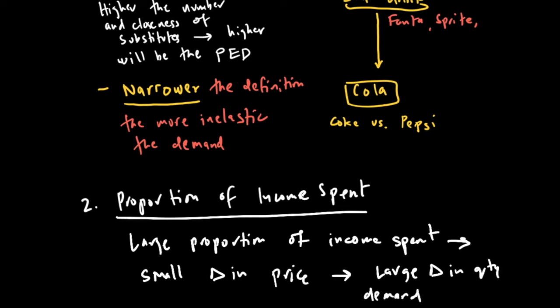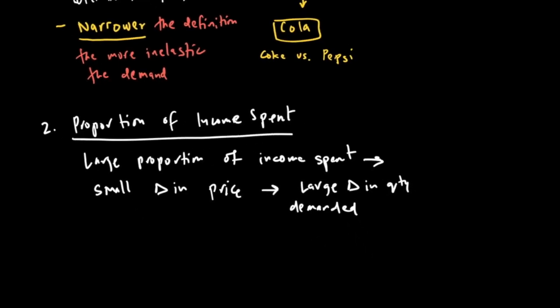And the reason is very simple: it takes up a large percentage of our income. We will be very responsive to a small change in price.